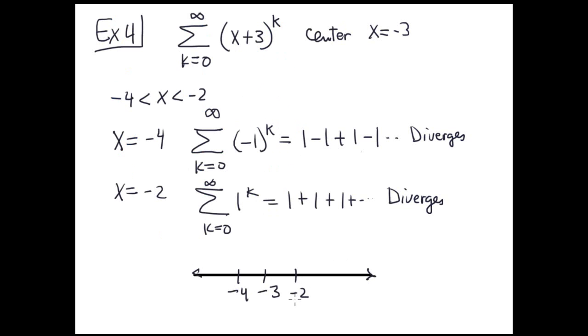And the interval of convergence is in between -4 and -2, not including the endpoints, and the center is located at -3. Therefore, the interval of convergence is parenthesis -4, -2, and the radius of convergence is the distance from the center to both endpoints, which is 1. Super.